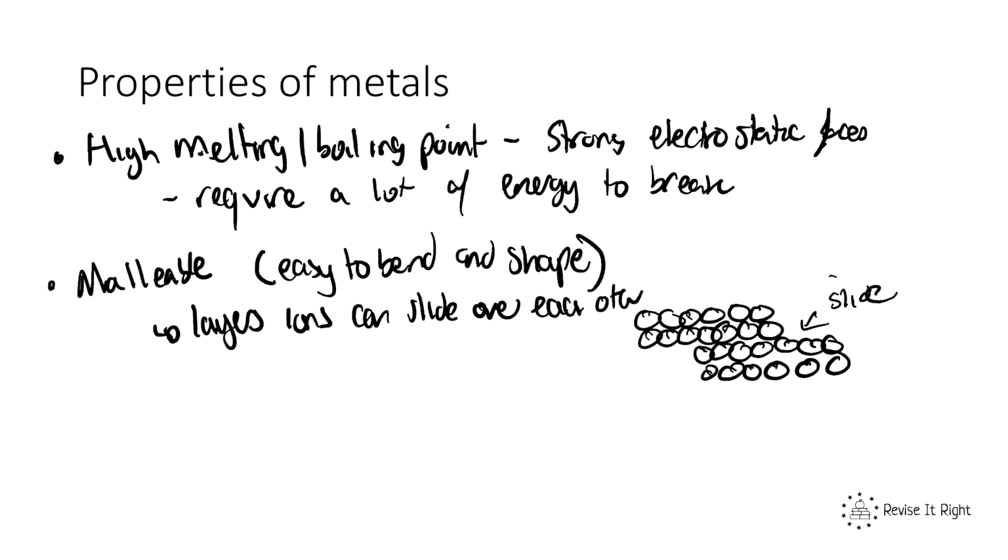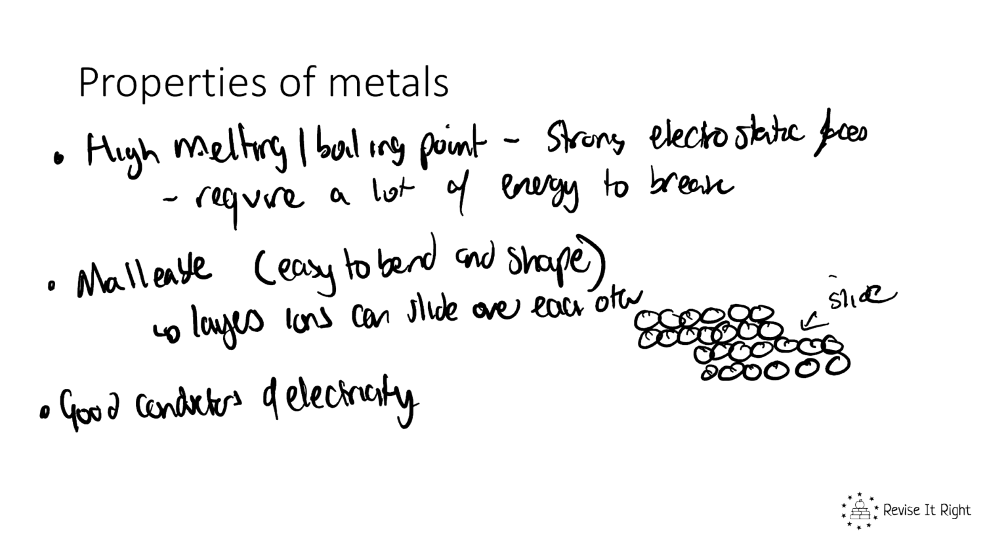They are also good conductors of electricity. Now you'll remember from our previous videos that you need two things to be able to conduct electricity. You need a charge, so it needs to contain a charge, and these charges need to be able to move.